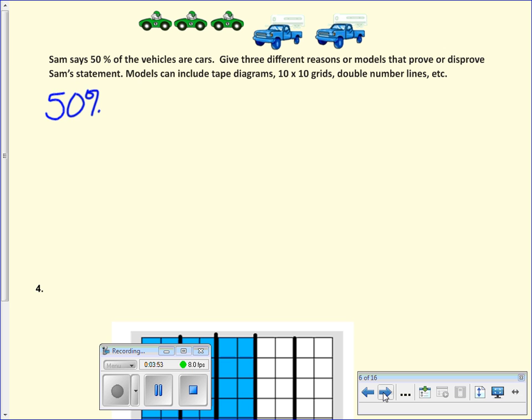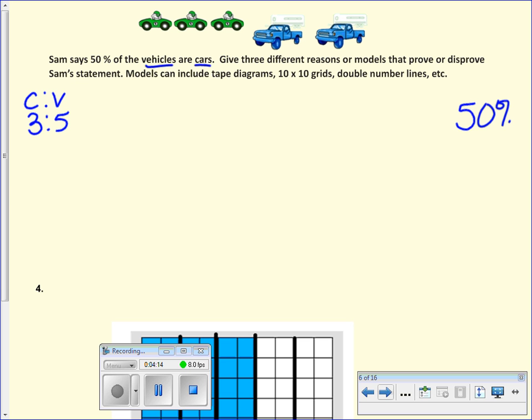Let's look at it as a fraction. We're looking at vehicles to cars. What is our ratio of vehicles to cars? Or cars to vehicles. What's our ratio of cars to vehicles? 3 to 5.